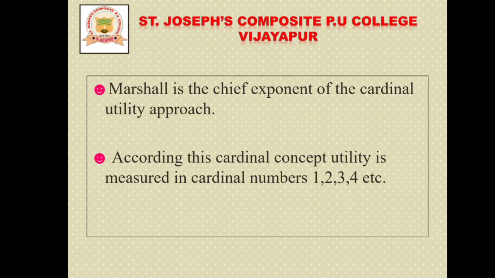According to this concept, utility is measured on the basis of cardinal numbers like 1, 2, 3, 4 and so on. Once again to revise: the cardinal utility approach measures utility through cardinal numbers, its chief exponent is Alfred Marshall, and two famous laws are introduced under it: the law of diminishing marginal utility and the law of equi-marginal utility.